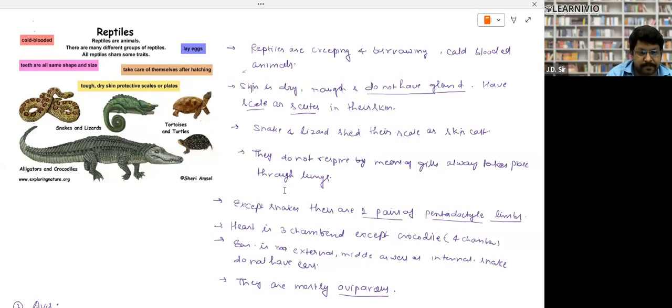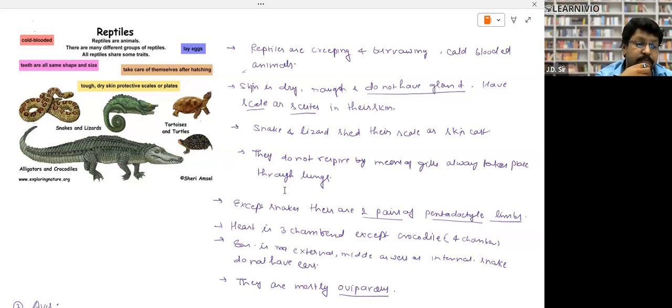Next point. Sir, what are those limbs? Pentadactyl, penta. Okay, look, we also have pentadactyl limbs. We have two pairs of limbs, right? One pair means hands, one pair legs. And every limb, either a leg or a hand, has five fingers. Penta means five, pentadactyl means five fingers. So every limb has five fingers.